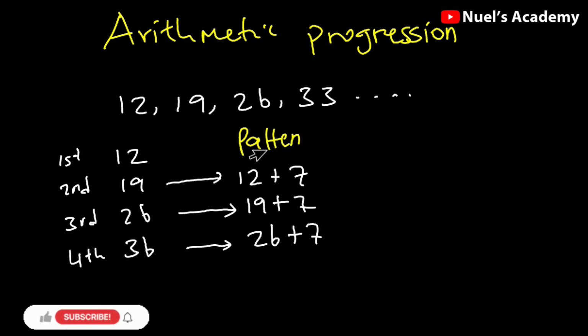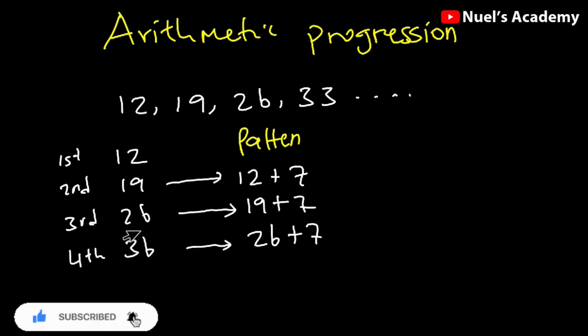With this, let's define AP. APs, or linear sequences, are sequences that follow a simple addition rule, or sequences in which each term is gotten by the addition of a common difference to the preceding one.